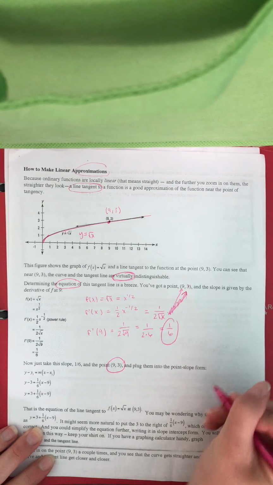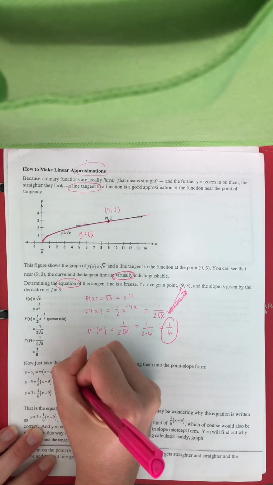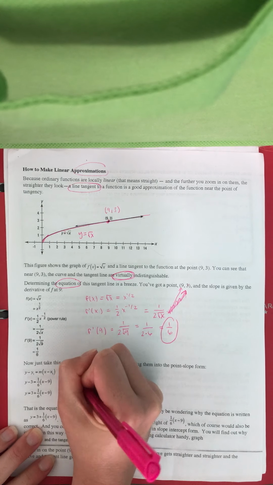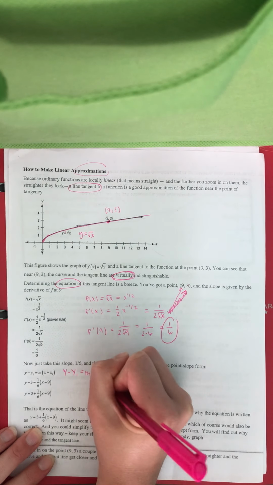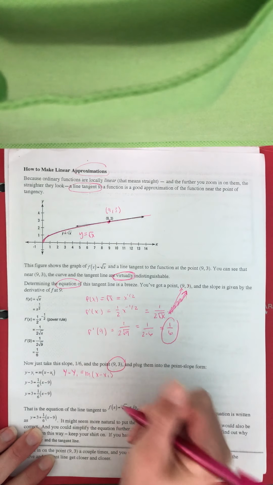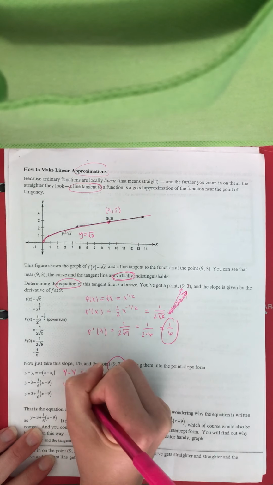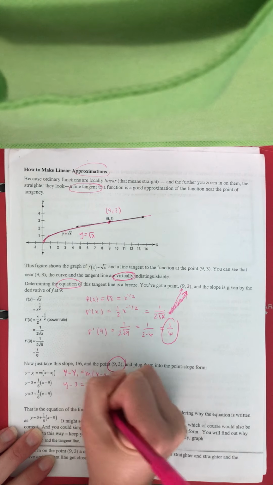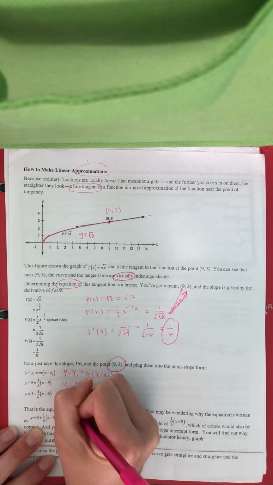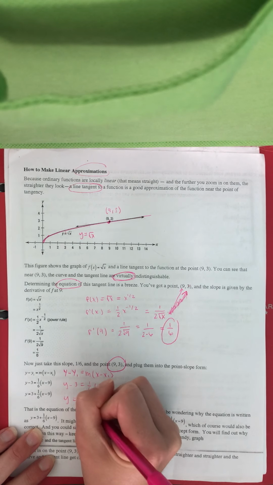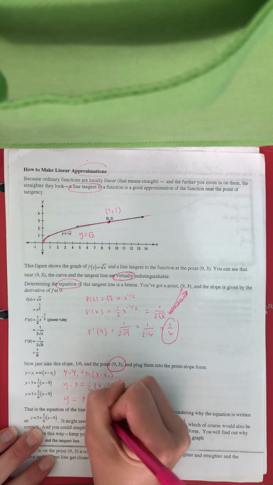you can plug them in point slope form, which is right here. I'll rewrite this. So in this case, y minus 3 equals 1 over 6 times quantity of x minus 9, or y equals 3 plus.